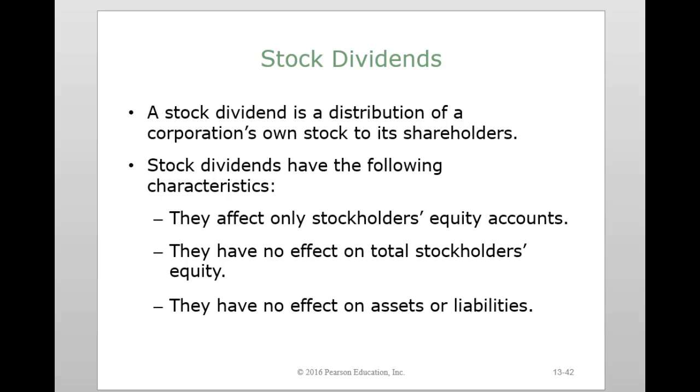Now, a stock dividend is a distribution of stock. It affects only the stockholders' equity accounts and has no effect on total stockholders' equity. And there are no effects on assets or liabilities, whereas a cash dividend reduces assets, right? Because you're paying cash out.